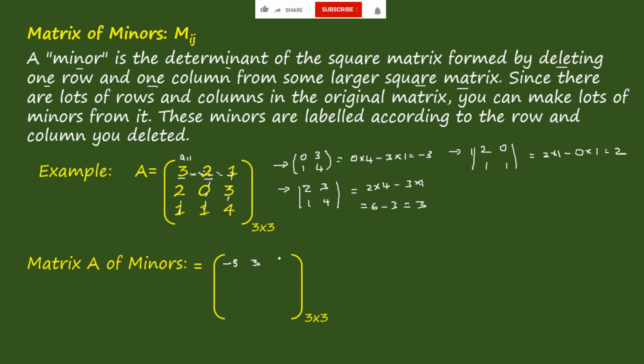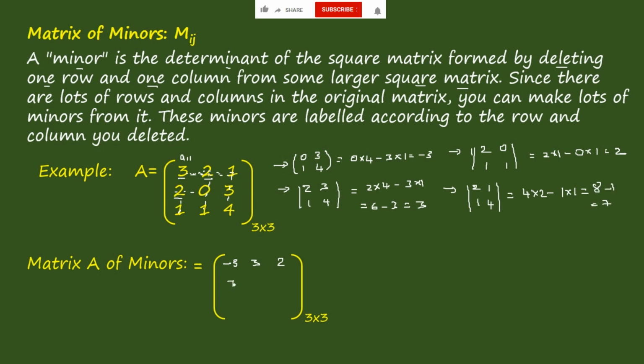Next term is 2. Again we find the next value. We delete the row and column, then we get the matrix 2, 1, 1, 4. We find the determinant of it, which is 4 into 2 minus 1 into 1, which is 8 minus 1, which is 7.